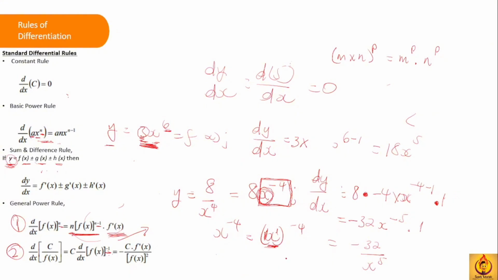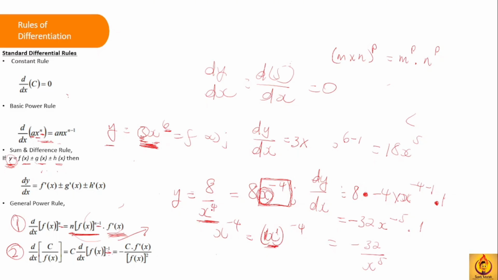One thing that you'll notice is that there's a certain trend when it comes to functions that are denominators when you're given them. For example, here you are given x to the power 4 as your denominator. You will notice that your derivatives will always have a plus 1.